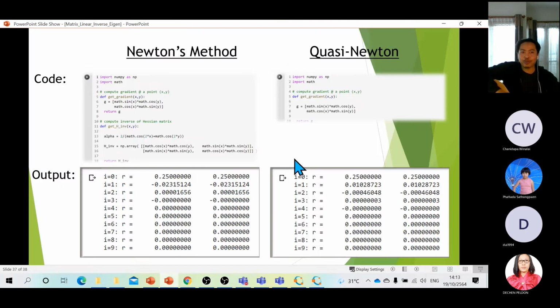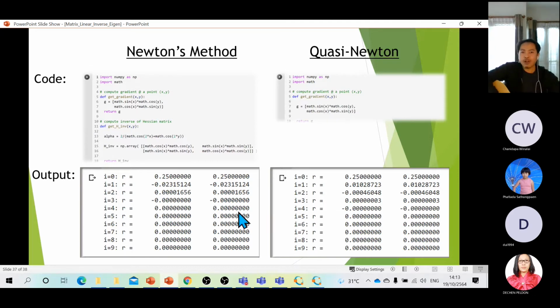Let's go back to the answer here. Now, if you compare the output and the code, you see in the Newton method, I have to define in the code the inverse of the Hessian, which is going to be difficult to find. For the quasi version, I don't need to do it at all. I just compute the gradient, which is easy.